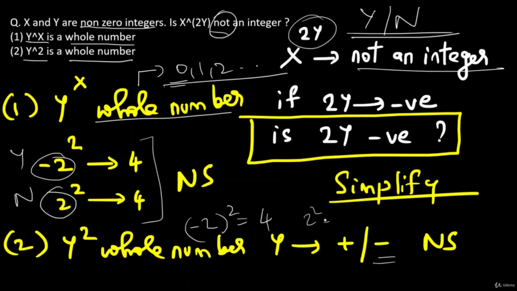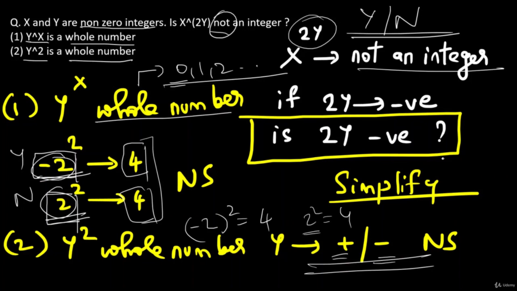Similarly, 2 square is also equal to 4. So in this case, y is positive. So as per statement 2 also, y can be either positive or negative. It does not help. And combining statements 1 and 2 also does not give us extra information. Using both the statements together also, y can be positive or negative. So it is not sufficient, and hence the answer to this question is option E.